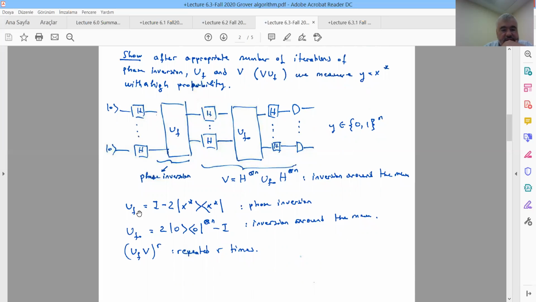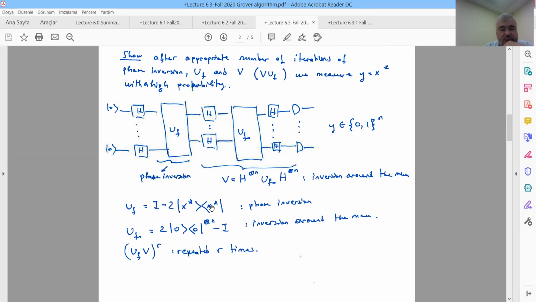And we said U sub F, phase inversion, in operator form is I minus 2 ket x star bra x star. This is an outer product, so this is an operator, and I is an operator.